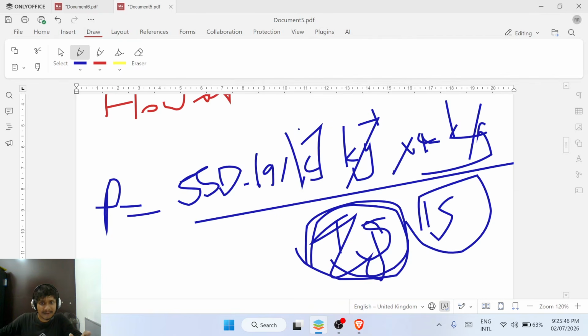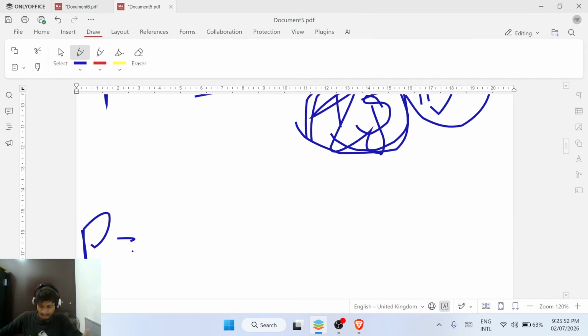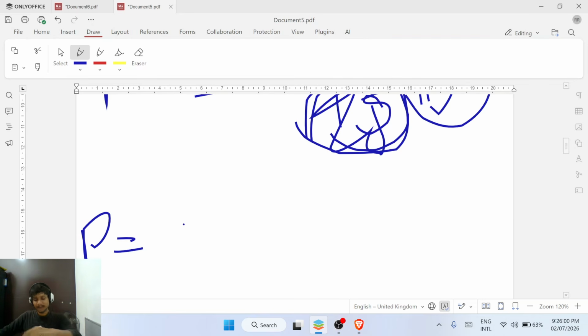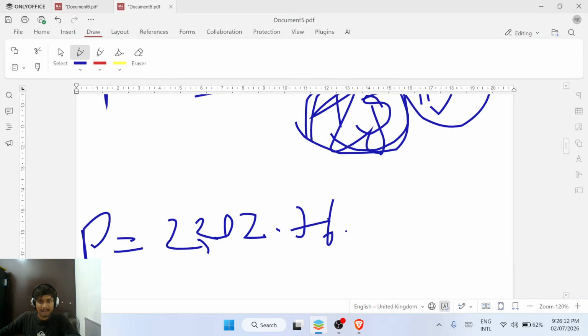Now we have got the unit of power, kilojoule per second. Therefore, P will be 550.69 multiplied by 4, and you will get the final answer 2202.76 kilowatt.